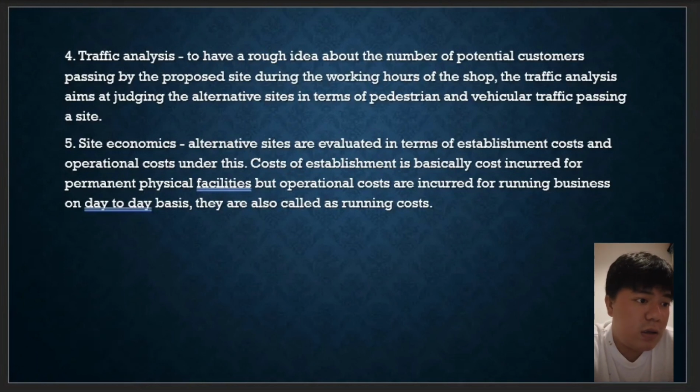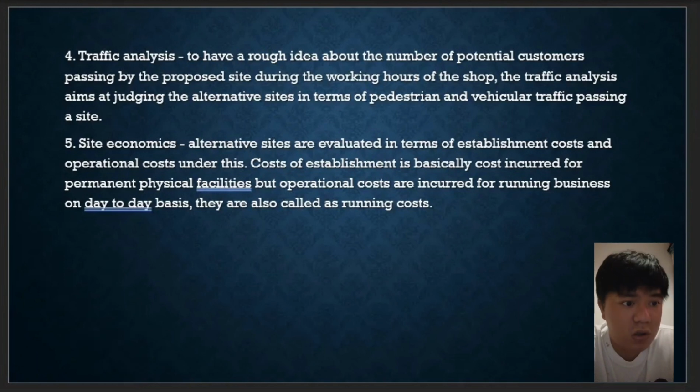Number 5, site economics. Alternative sites are evaluated in terms of establishment costs and operational costs.